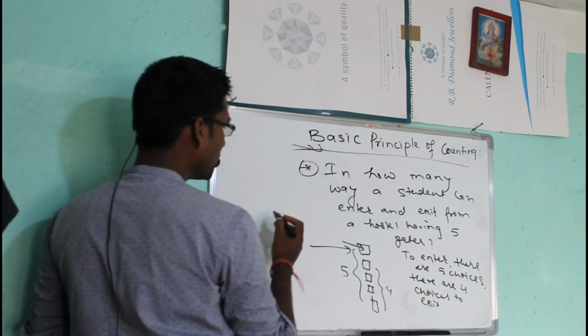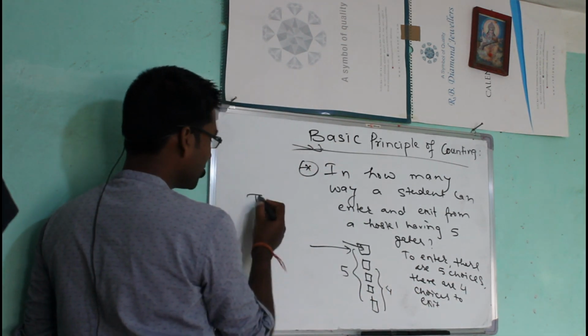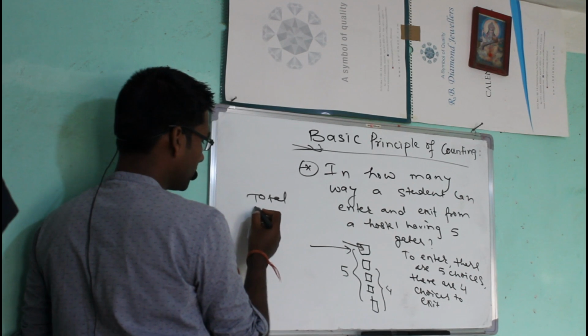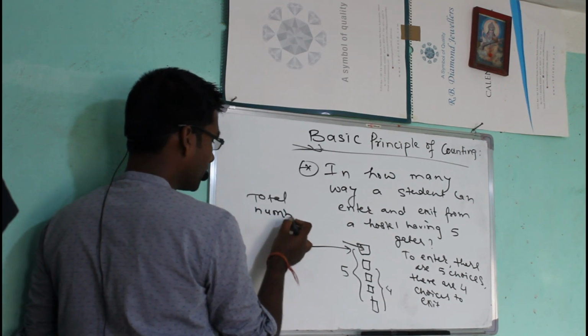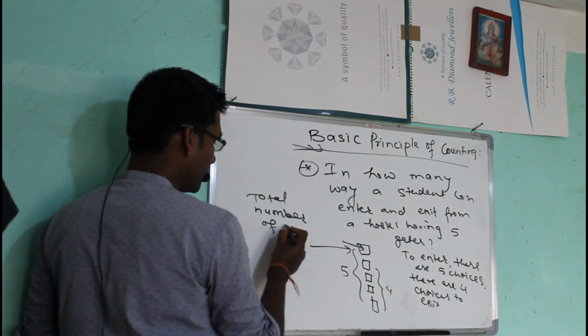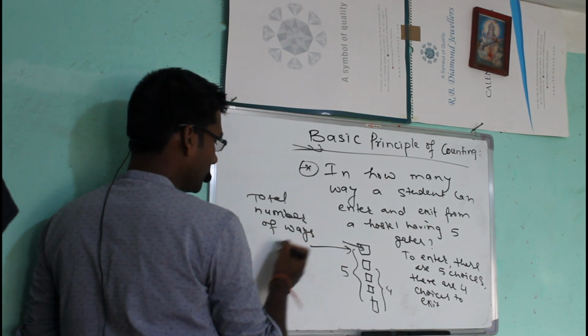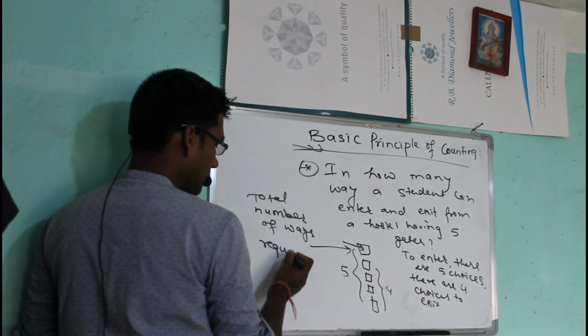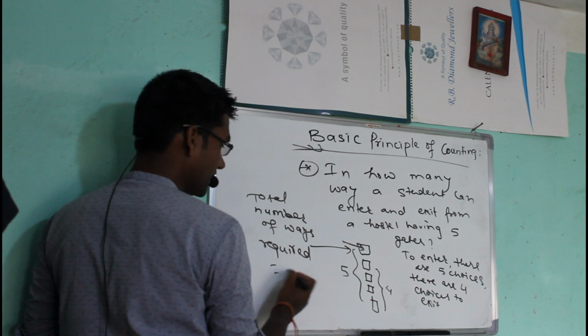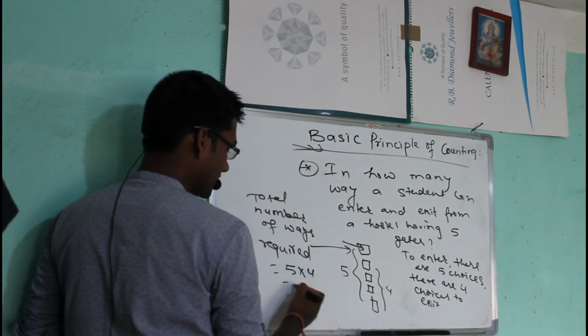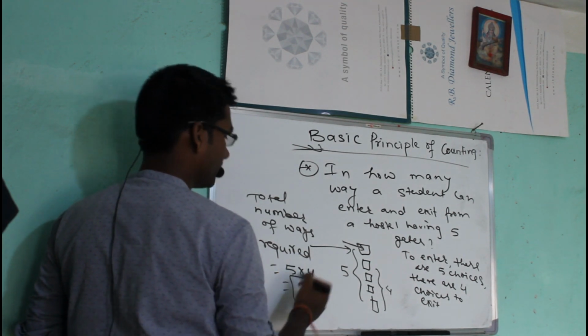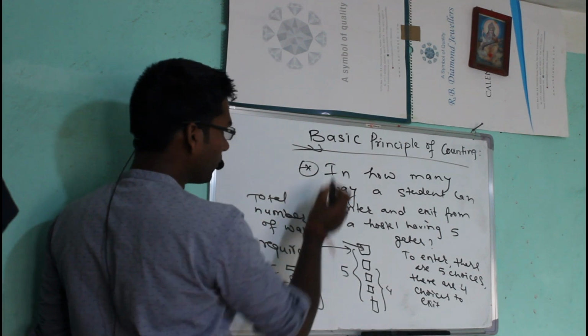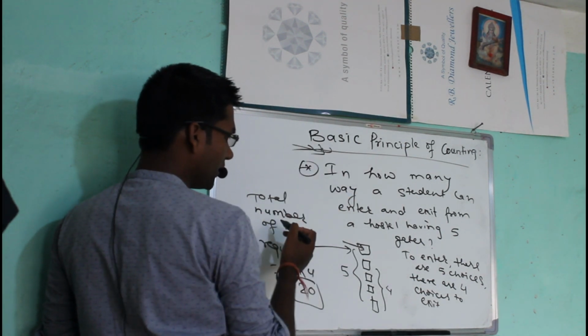Okay, so the total number of ways required will be simply 5 into 4, that is 20. That's your answer.